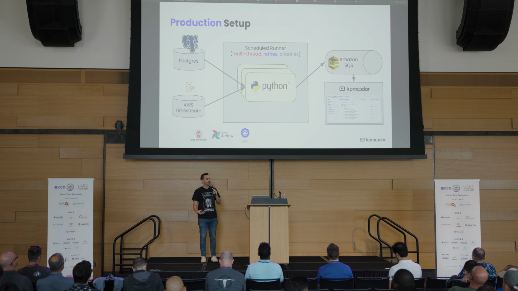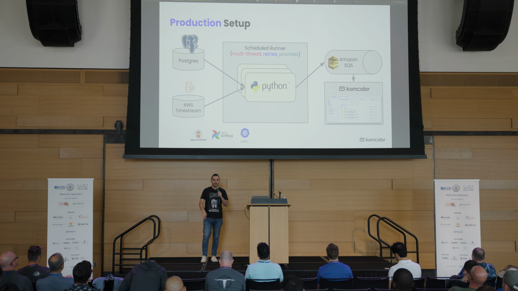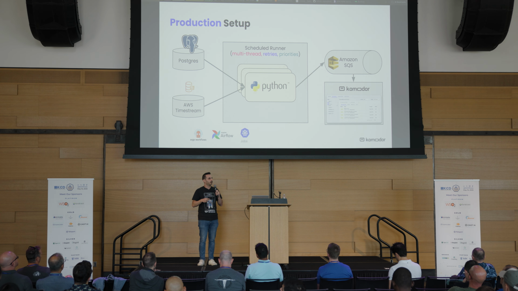And when we decided that this was ready for production, we had to change the setup once again. So we still have our data, but then we want to get it to the product. And so we have to be more reliable, more persistent, more efficient. We tried to look at what products were good to be production grade job runners. We looked at Argo Workflows and Apache Airflow and even Kubernetes jobs.